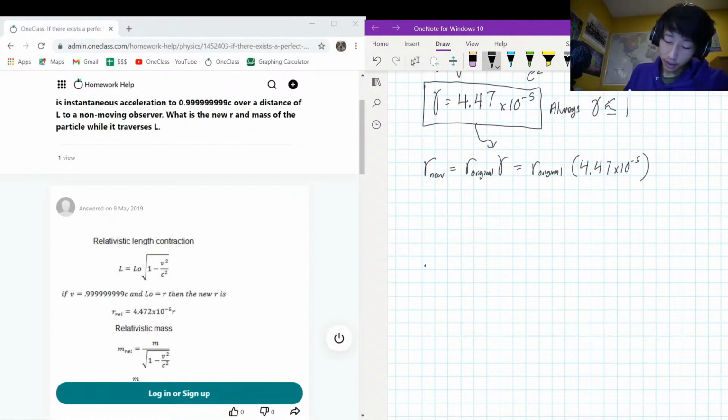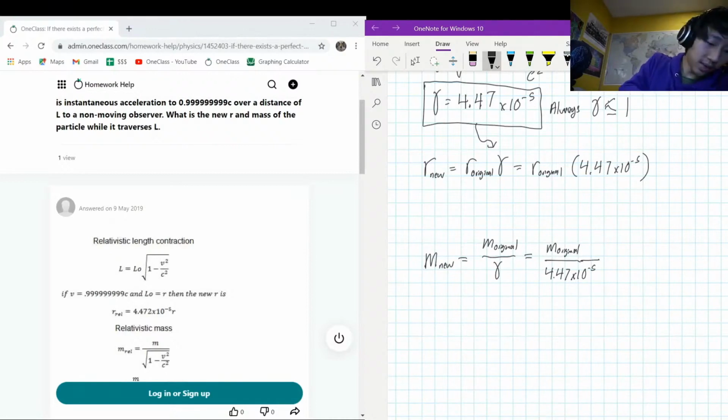So here for the mass, our new mass is going to be our original mass divided by our Lorentz term. So this is going to be m original over 4.47 times 10 to the negative 5.